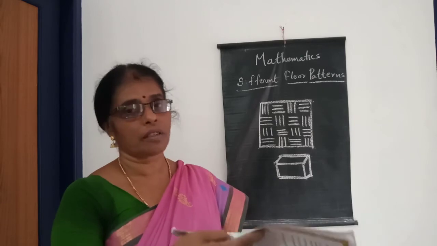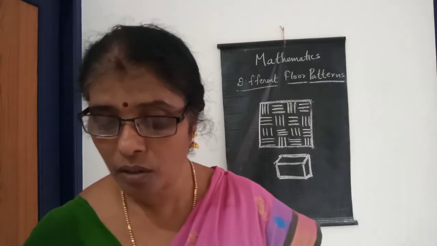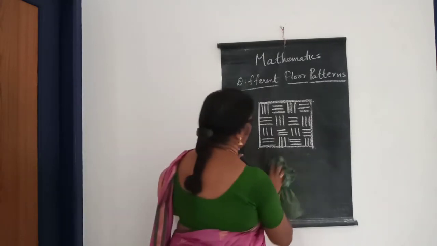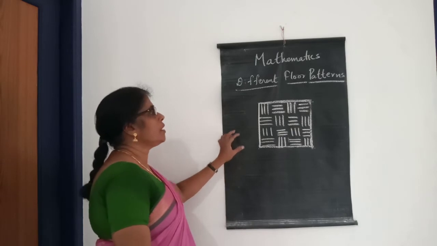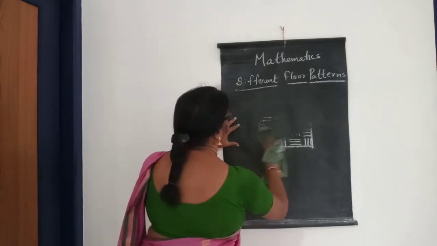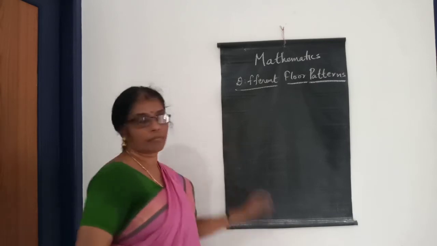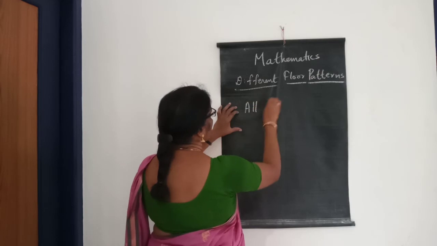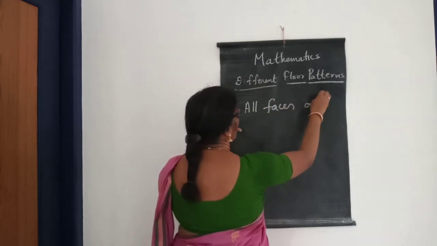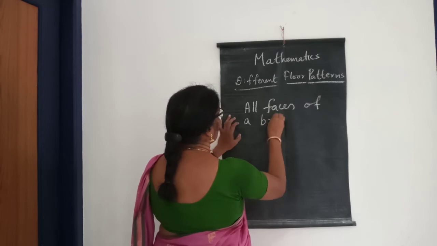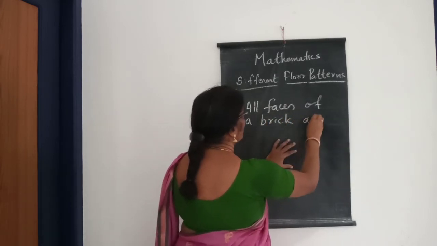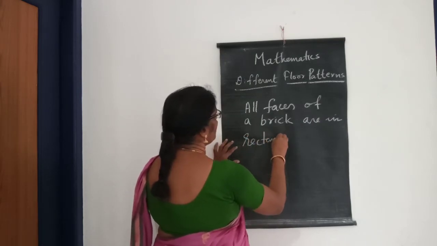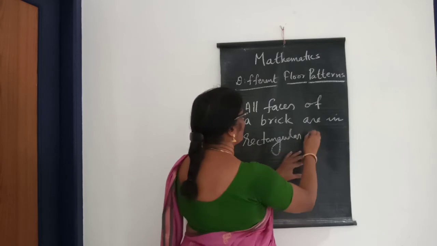Then draw the smallest face of the brick, that you can do next class. So I will give you homework. Now you have to write this: all faces of a brick are in rectangular shape.